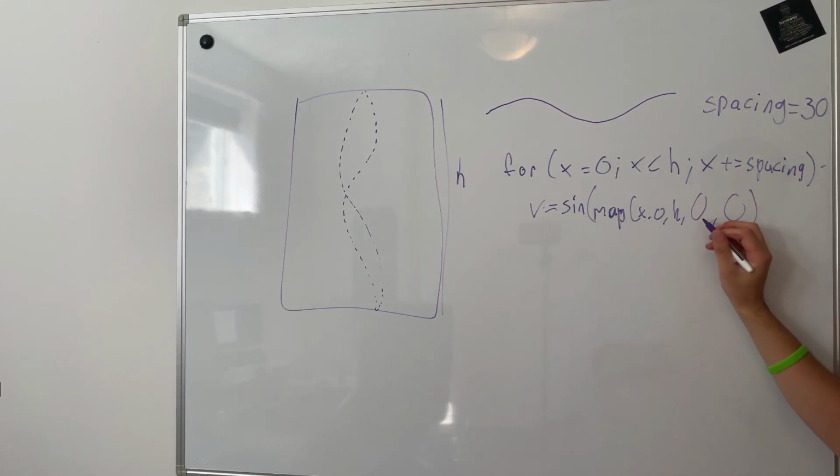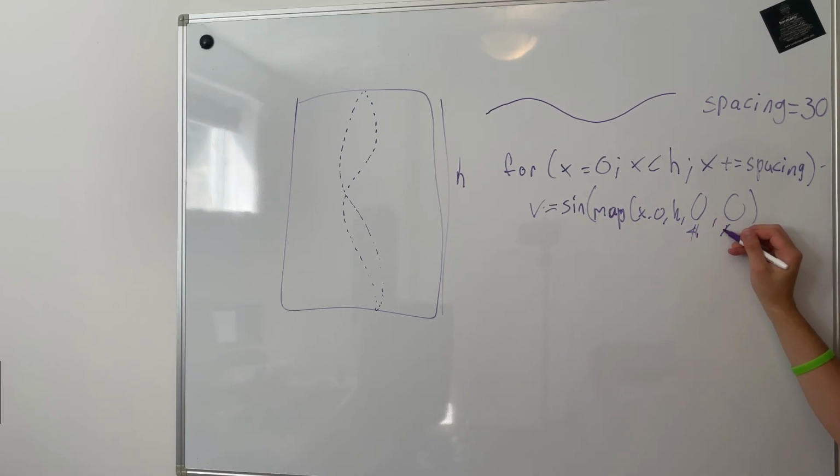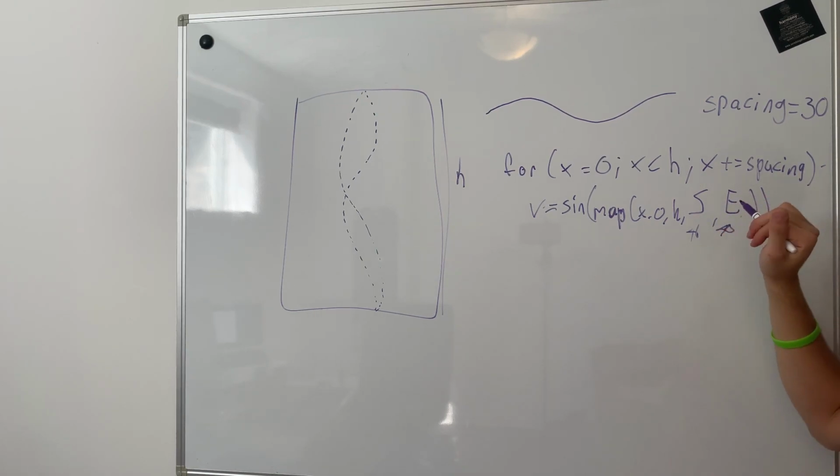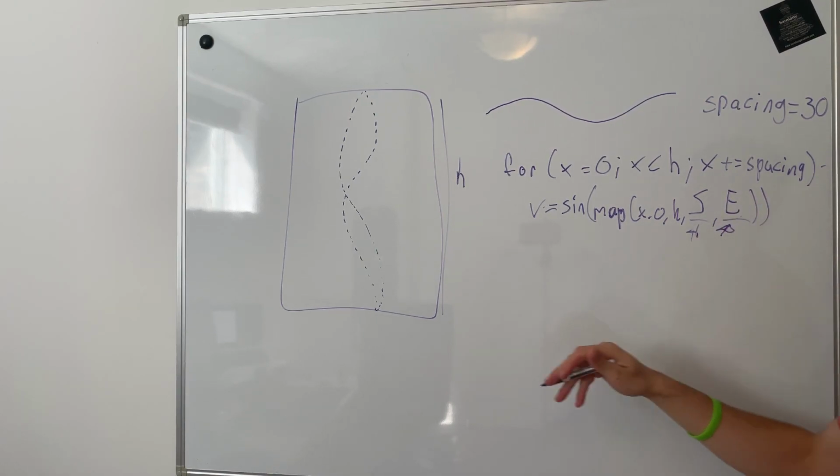I want them as variables. So maybe something like start and end, S for start and E for end. And this would be what dictates basically the pattern that we have.